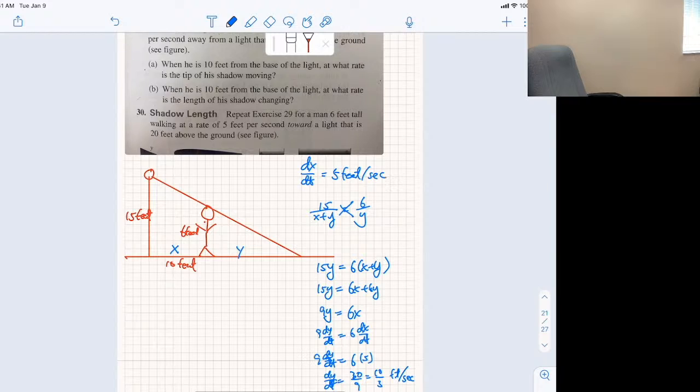How about Marion? I think it's B because if you're finding dy over dt, then you're finding the rate of change of the shadow in total. Let me call on somebody else.